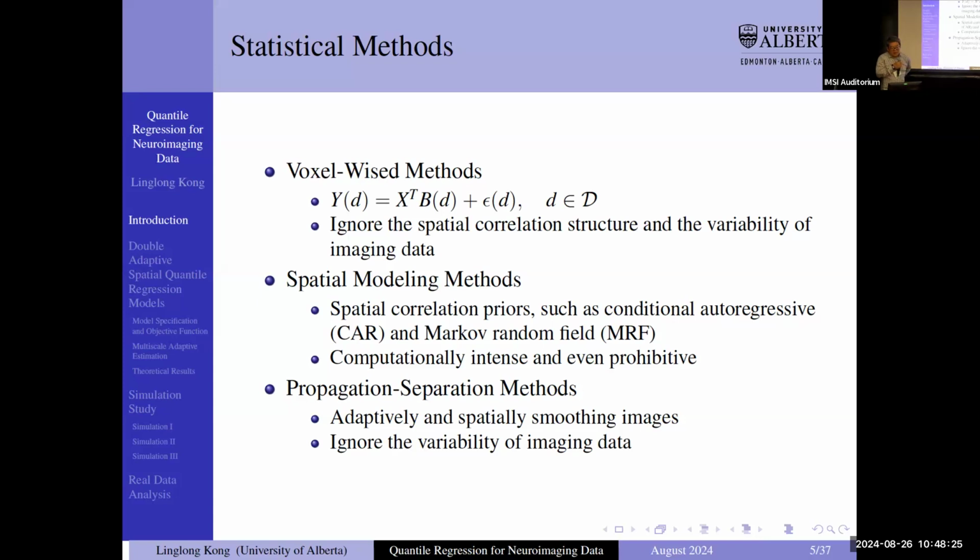However, for this kind of method, the computation can be very, very intense. Of course, we can do something in between. For example, we have the propagation simulation method, and it's great, but it may also ignore the variability of image data.